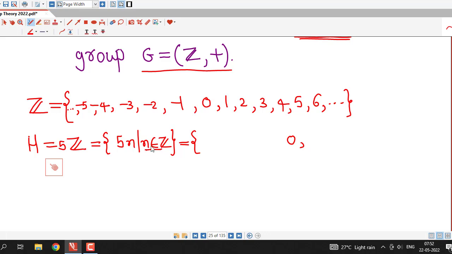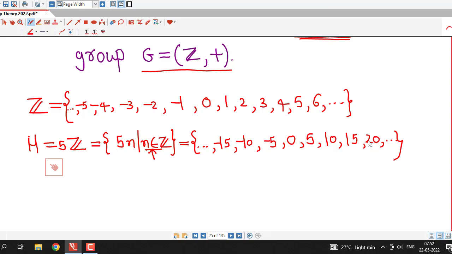If we take n equal to 1, it is 5. For n equal to 2, it is 10, then 15, then 5 into 4, 20 and so on. And similarly here, if we take n equal to -1, we have -5. For n equal to -2, -10, -15 and so on.